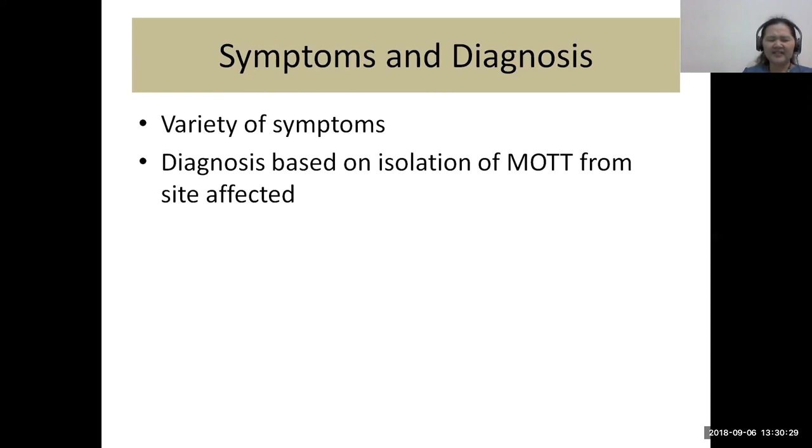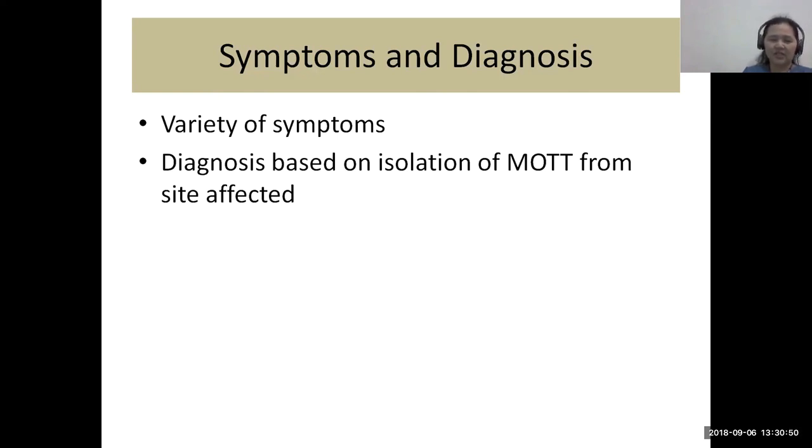So the symptoms really require you to be high level of suspicion. Yan. But it needs the isolation of and the growth in culture of the MOTT. MOTT, in contrast with the tuberculosis, mas mabilis siya. In 2 weeks, may growth na dun sa culture.